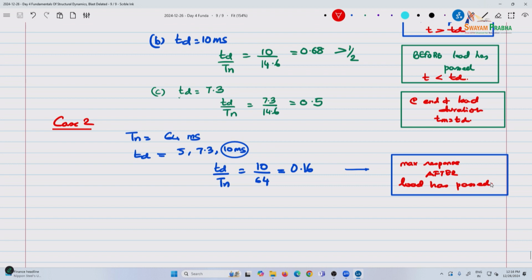So, this one we will see, let me introduce you to this term. If it is less than 0.1, we call this close to an impulsive response. I will talk more about it shortly.